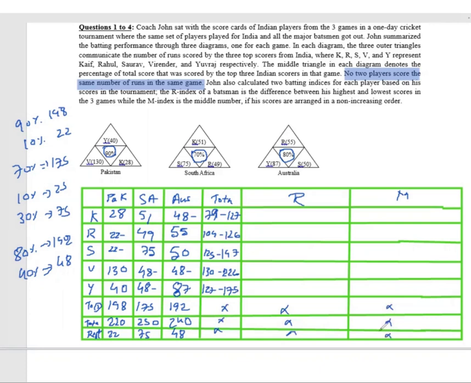Now what about R index and M index? For this particular player, we cannot find out the M index. It can be 28 when this score is below 28. And if this score is above 28, then this score it will be. But even if it is above 28, it cannot cross 50. So actually, if we want, we can write the possible scores here. This score has to be below 50 because these are the top 3 scores.